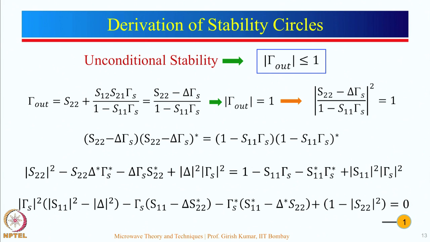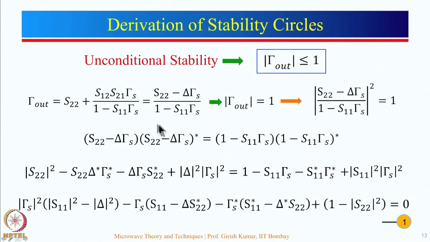So, minus 60 by 40 will be minus 1.5. In that particular case, gamma out magnitude is greater than 1. For all positive values of real impedances, gamma out will always be less than or equal to 1. In that particular case, we say it is unconditionally stable for all values of the load impedances.